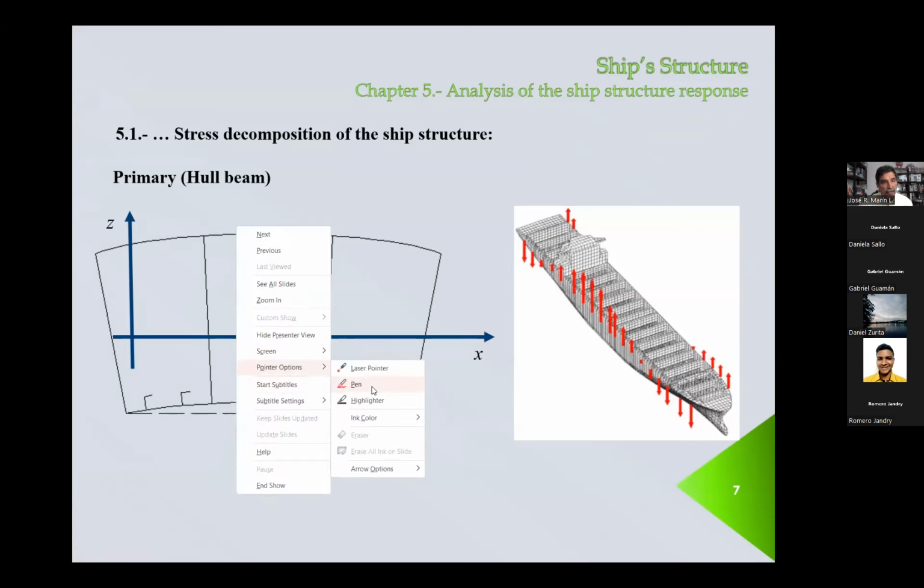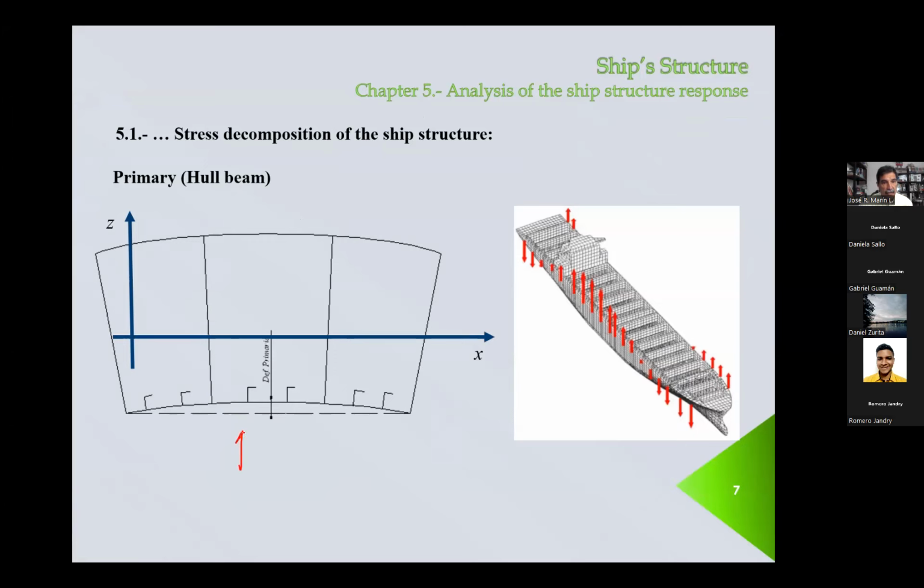In this case, it's not just hydrostatic; it's in general dynamic pressure, and of course you have weight. This is W, and of course you have inertial load. So this is inertial load.